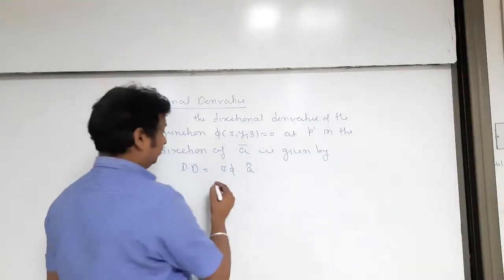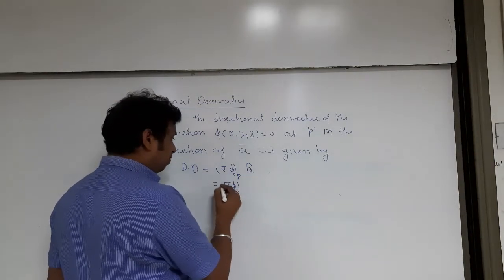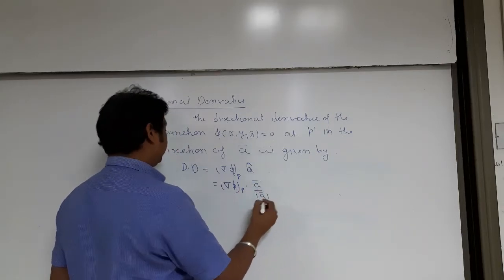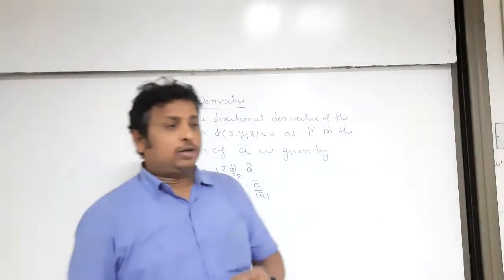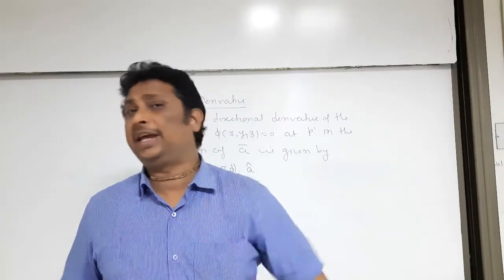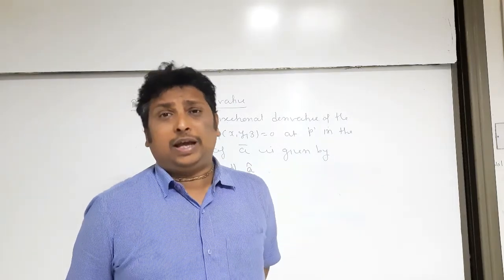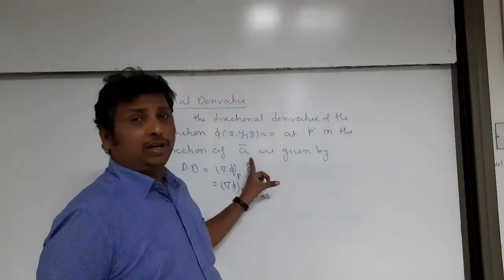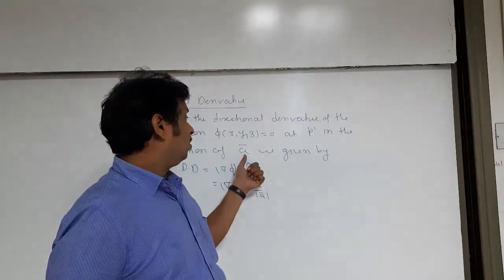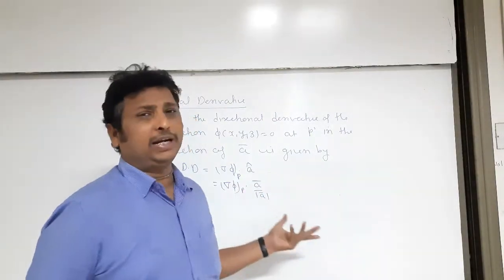What is A cap? Del phi at P. So find the gradient at point P, and take the dot product with the A vector upon mod A. It's very simple. Find the gradient at that point, and whatever direction is given, calculate its unit vector. Unit vector, how? The A vector divided by its modulus. Take the dot product. You will get the answer.